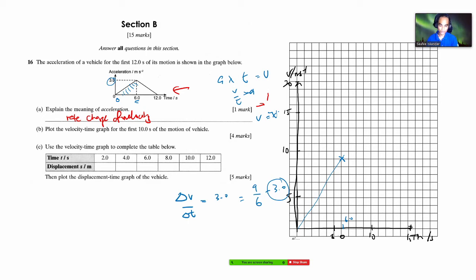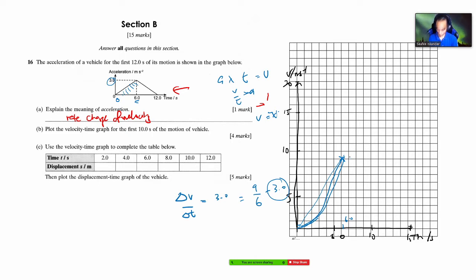So the change is linear. I thought it was increasing. It must be expanding, right? No, exponential, because the acceleration increases. So it should be like this shape, the curve like this.